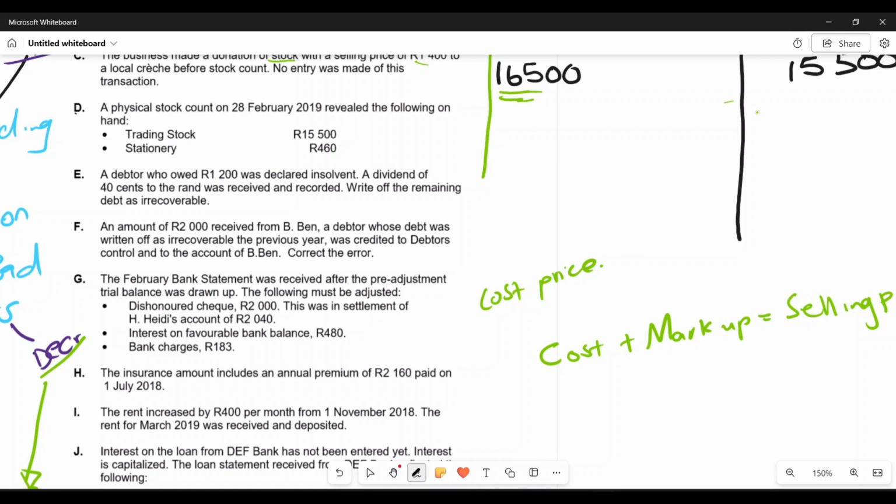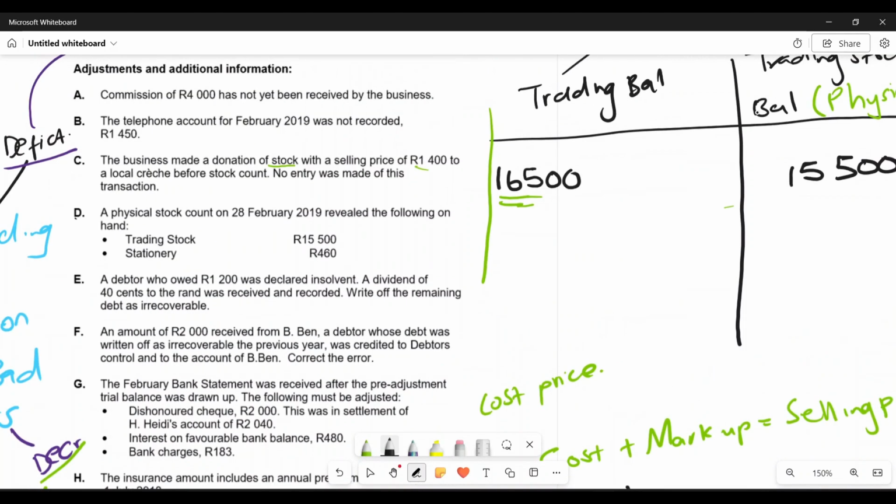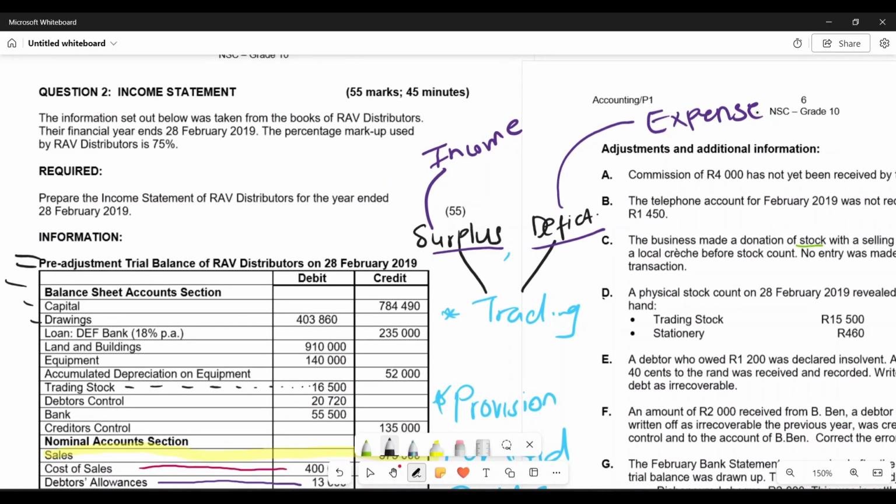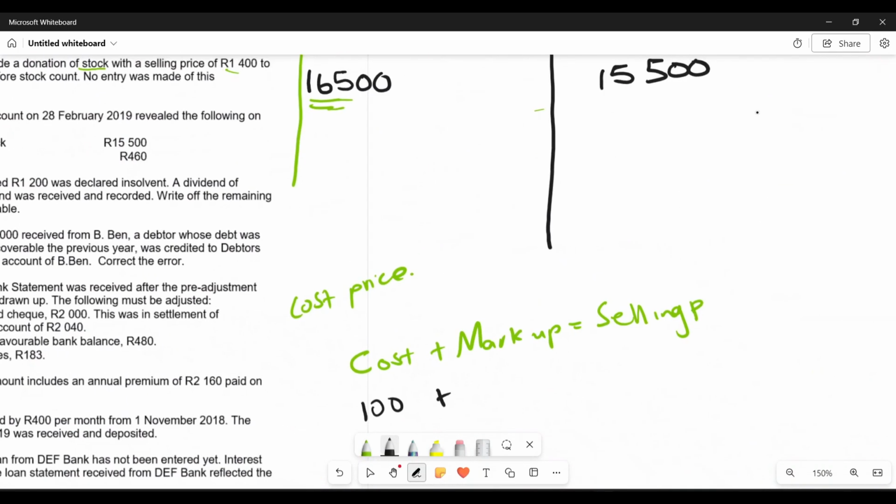Cost is always 100%, plus the markup we are given here. We are told that the percentage markup used by RAV distributors is 75%, meaning this is the percentage of profit they are making on every sale. So my markup is 75, meaning that my selling price would be 175.